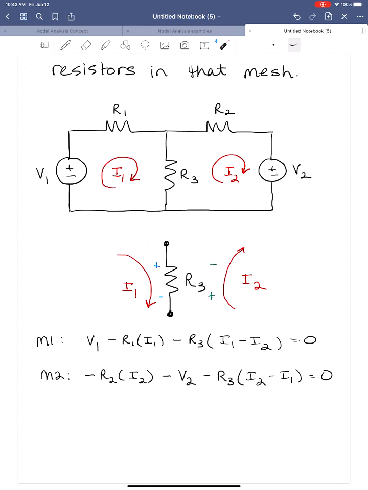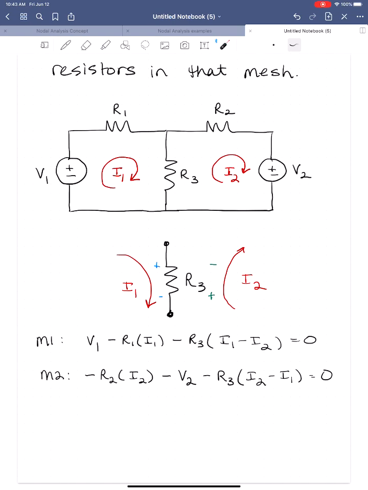If you're using the active convention like me, the voltage drops across your resistors are always subtracted. If you're using the passive convention, they're always added. And the voltage is always the resistance multiplied by the current.